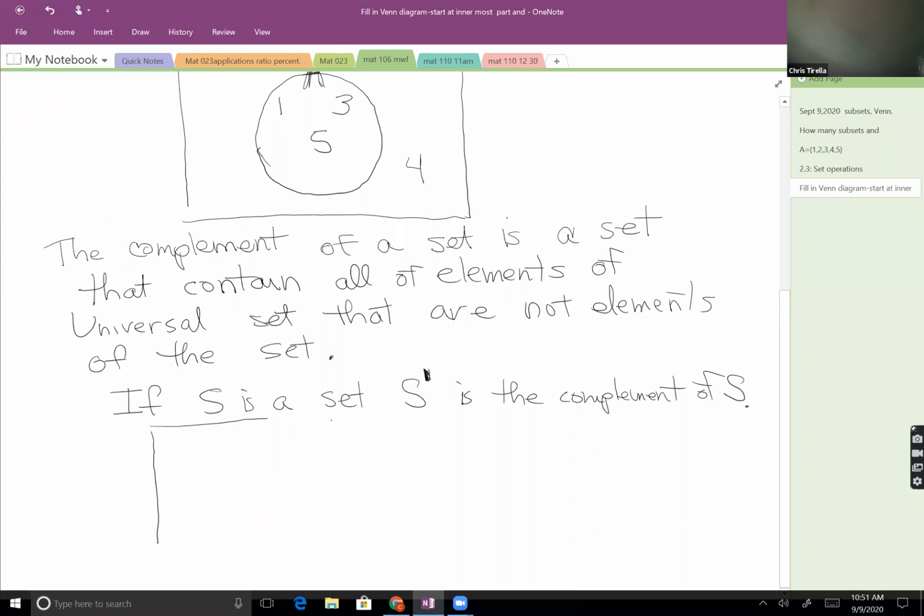So if I were to draw a little Venn diagram, generic one, it's my universal set. Inside here is my set S. Does it make sense that everything in the universal set that's not in S will be S complement? It's the elements of the universe that are outside of the set.